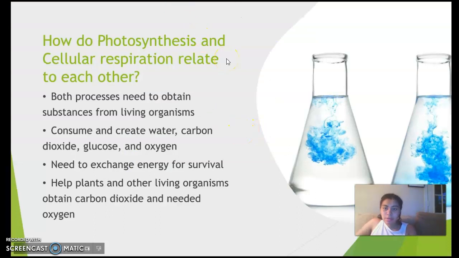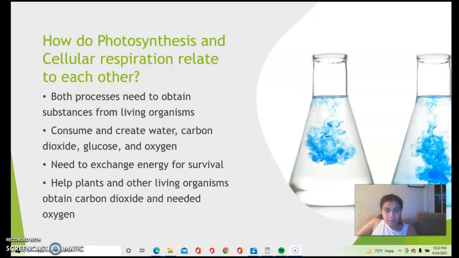So, how do they relate to each other? Well, as you can see right here, both these processes need to obtain substances from living organisms like plants, and they both consume and create substances like carbon dioxide, glucose, and oxygen.